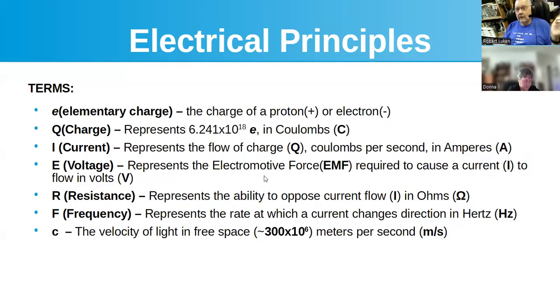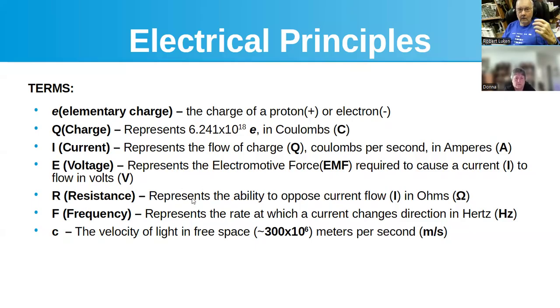Like I said, the charge creates the force, and we call it electromotive force. And we usually represent it with E for electromotive, as opposed to V. We just use V to represent volts, which is the amount of force. We measure the force in volts.